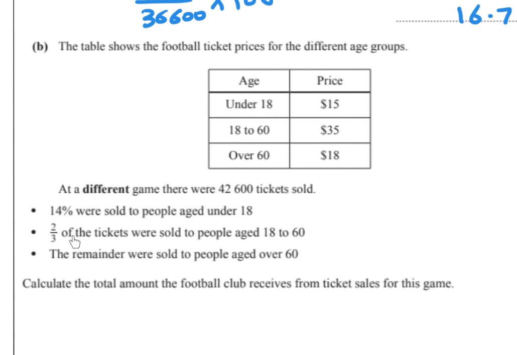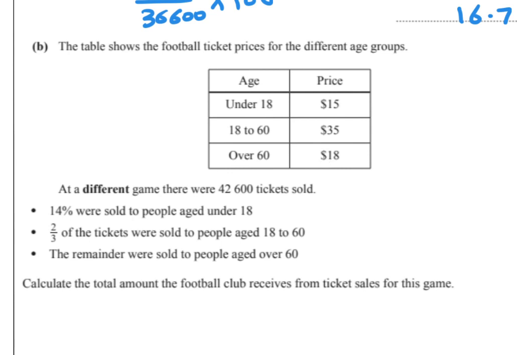The same for the second type, from 18 to 60, we need to multiply 2/3 by the total number, then multiply the answer by 35, and the remainder, so we need to subtract 42,600 minus the two numbers, then multiply by 18 to find the total amount.